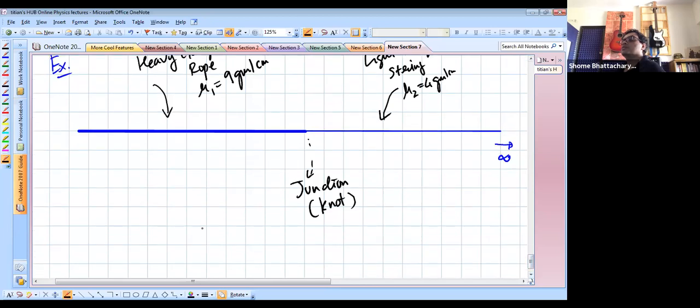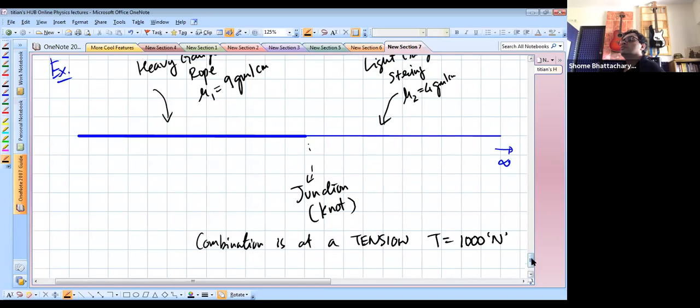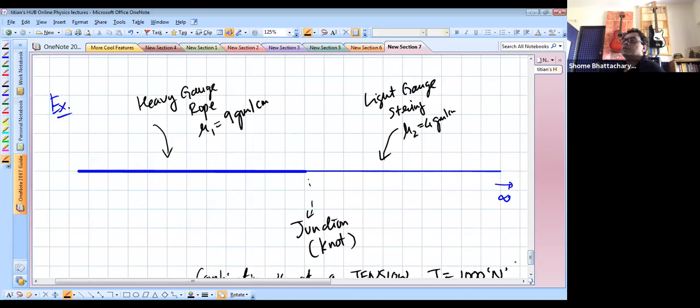Now the combination is at a tension T equal to 1000 Newton. It will be a common tension, as you can see.